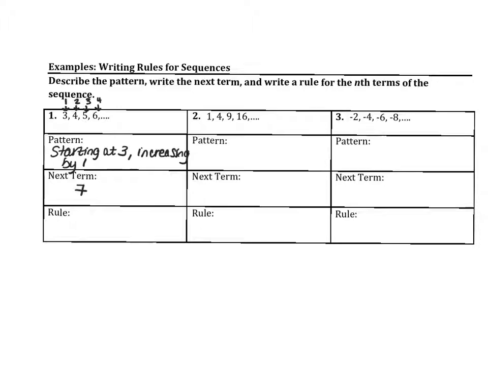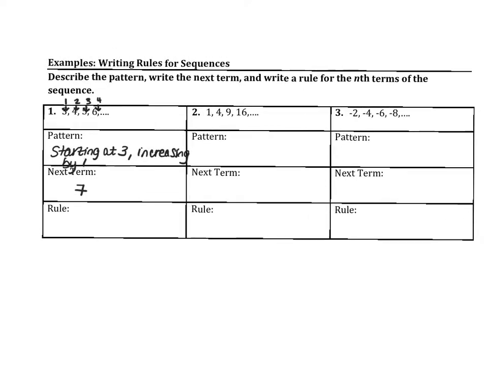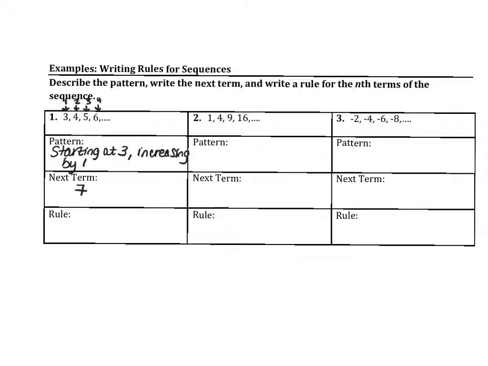And so for the rule for this problem, you are going to write it as a sub n is equal to, now n is our variable, and n is the number that we are plugging the 1, 2, 3, 4, and so on into. So this rule would be written as n plus 2.